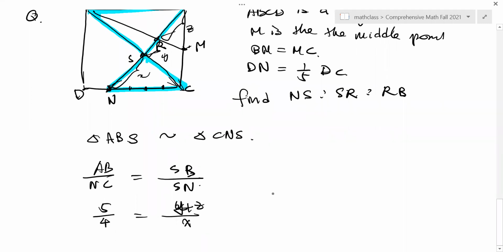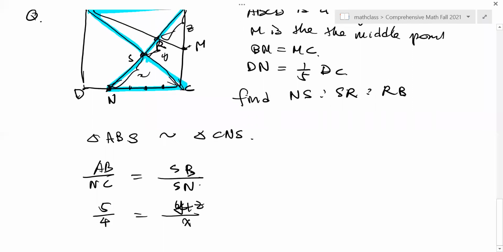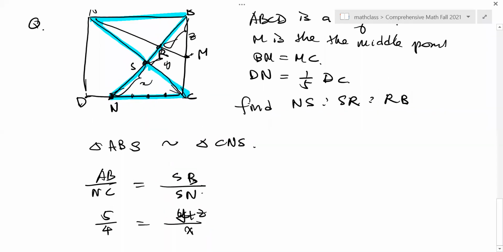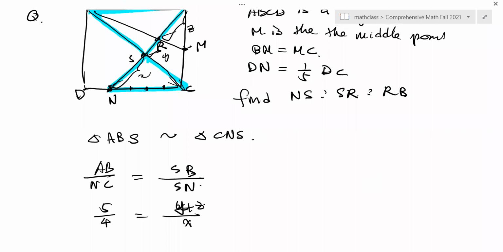But that's not enough for us to get the ratio, because we don't know where the point R is here. So we have to continue. We need the ratio between Y and Z. If you know the relation between Y and Z, you can solve the problem.